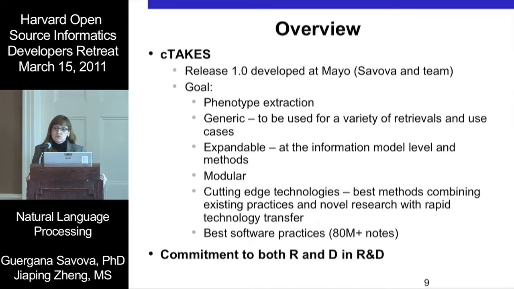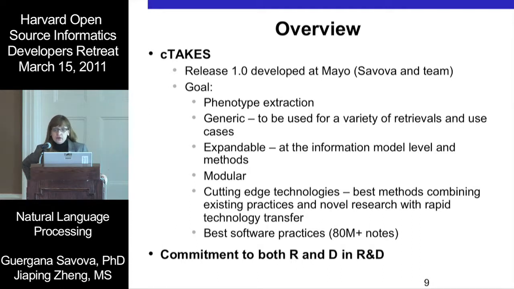And the goal was to build a system for phenotype extraction, a general purpose system that is not tied to any specific use case. So if you want to apply it to breast cancer or rheumatoid arthritis or irritable bowel disease or pediatric diseases, the system should be able to work, which is very different from what has been done in the field, which is usually very use case specific applications.